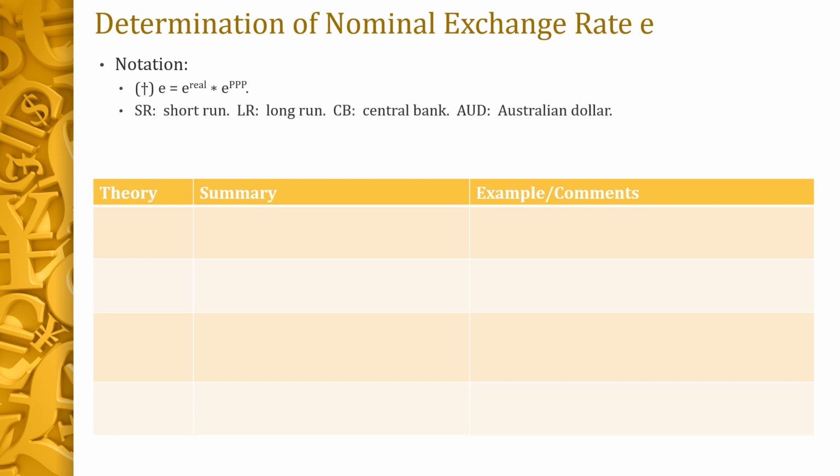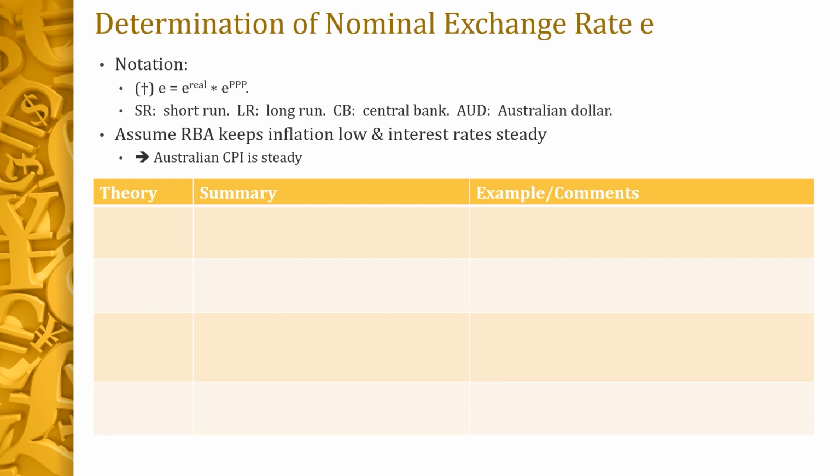Moreover, SR will refer to the short run, LR to the long run, CB to a central bank such as the RBA, and AUD to the Australian dollar. Furthermore, we are going to focus on normal times in which inflation is low and unemployment is not a problem, so that there is no need to raise or lower interest rates.